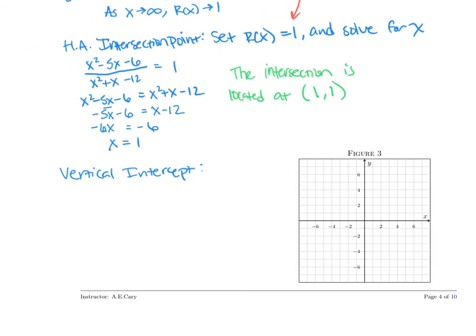So it's going to be r of 0, plugging 0 into the equation: 0 squared minus 5 times 0 minus 6, divided by 0 squared plus 0 minus 12. A lot of things go to 0, and we end up with negative 6 over negative 12, which is the same as 1/2. So we're going to have a vertical intercept.